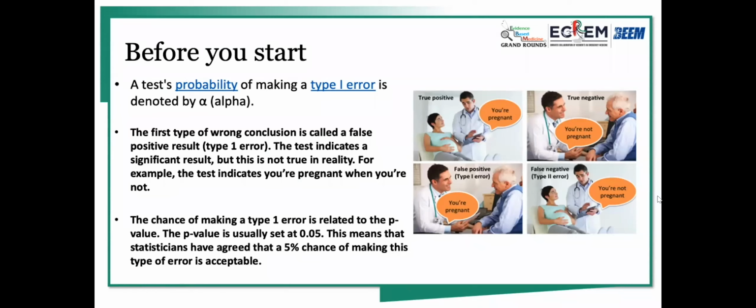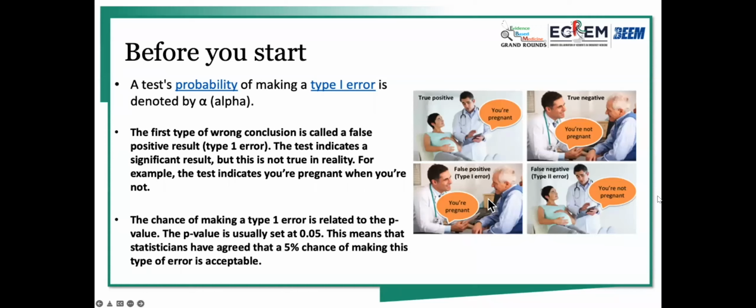So a type 1 error means that I found a significant result, but that result is not true. So for example, the type 1 error would be, this gentleman had a pregnancy test and he's obviously not pregnant.